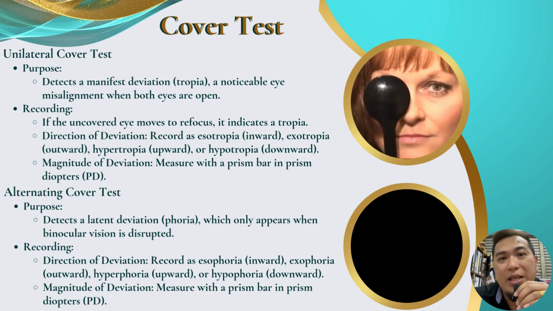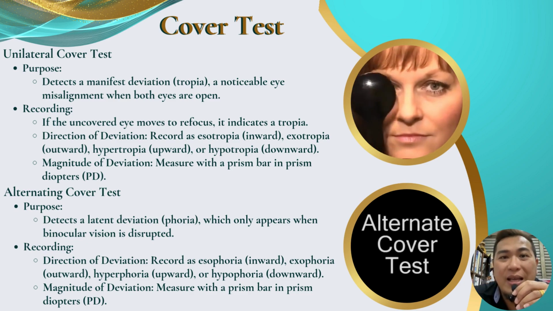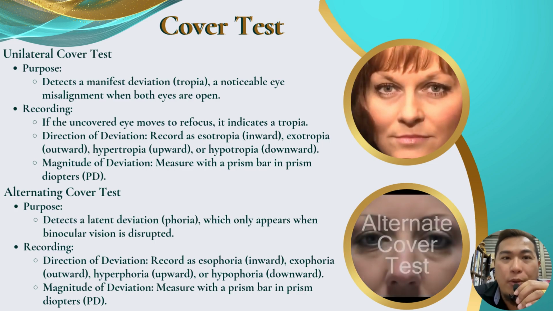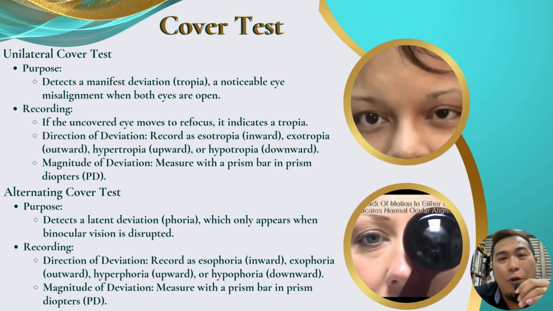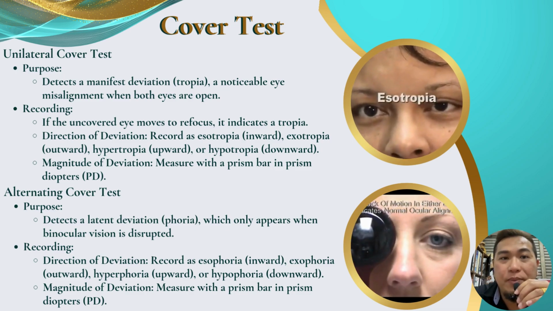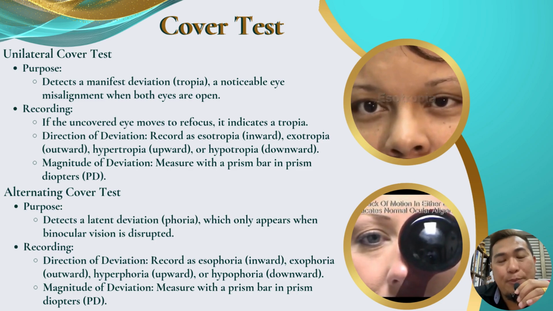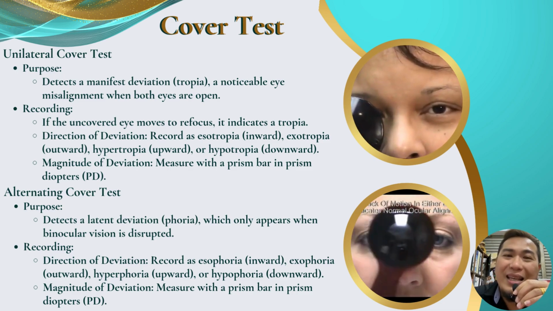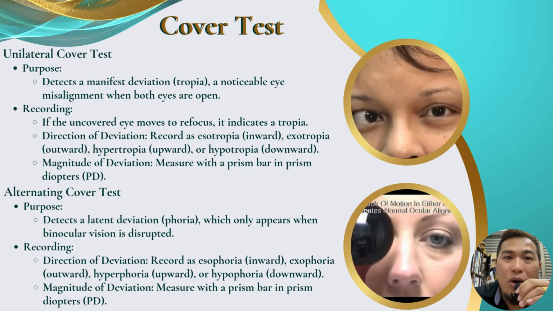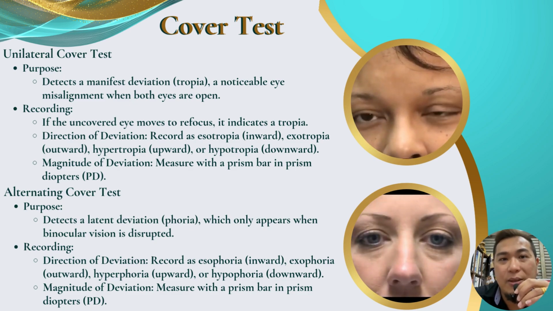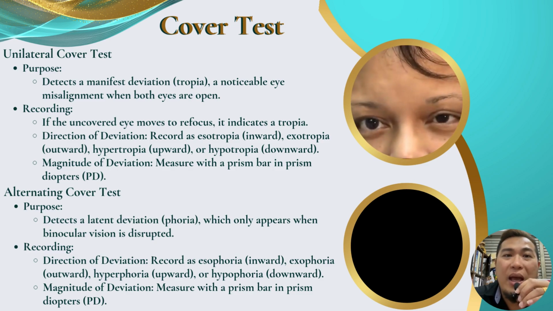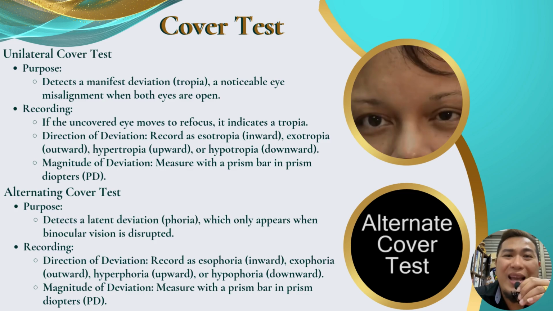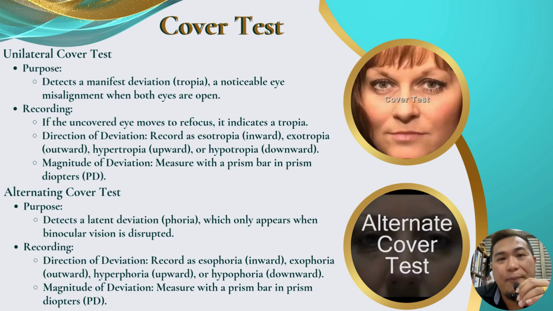This test is used to detect manifest deviations, or tropia, which is a noticeable misalignment when both eyes are open. For this test, the patient fixes on the target at either 6 meters or 40 centimeters. The examiner covers one eye at a time and watches for any movement in the uncovered eye.